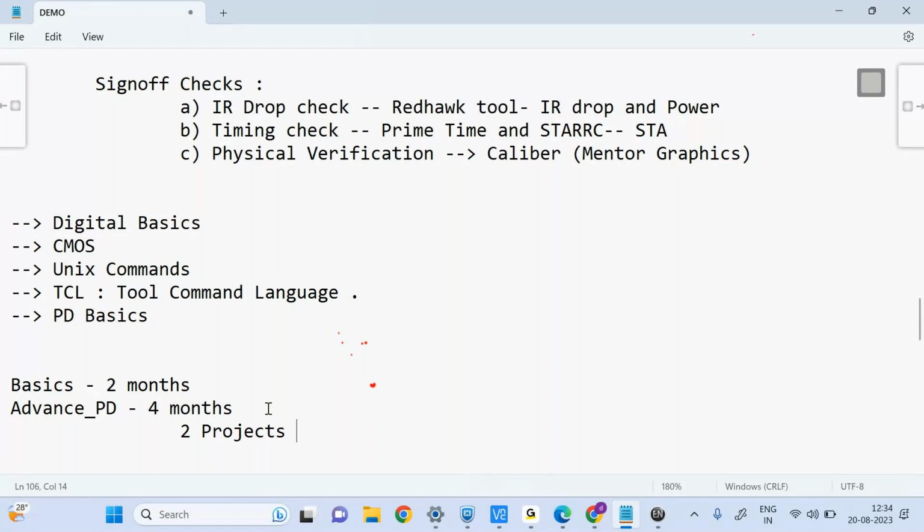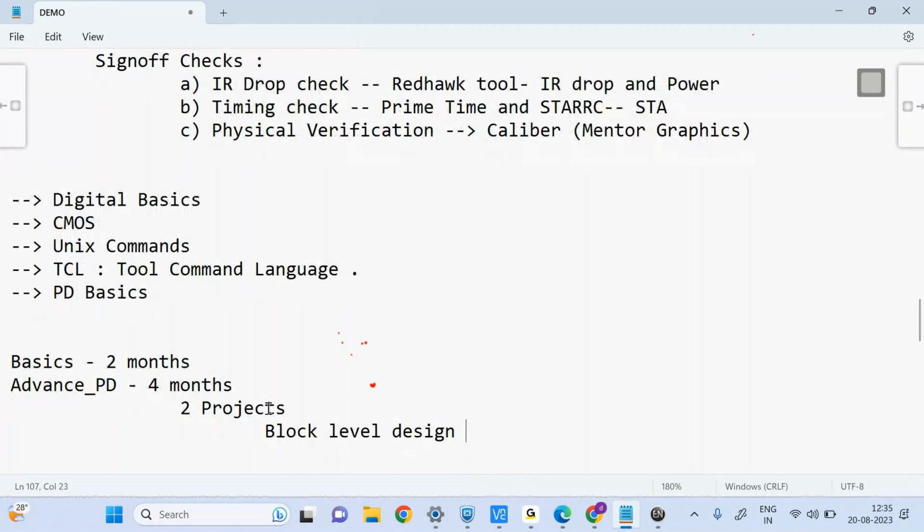We will do block level design with cell count, which can be 50,000 or 62,000, and 40 to 52 macros.